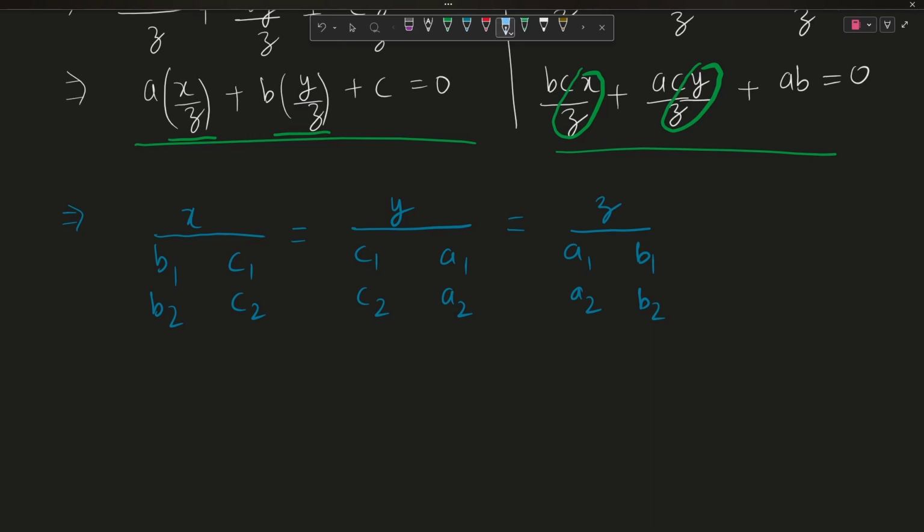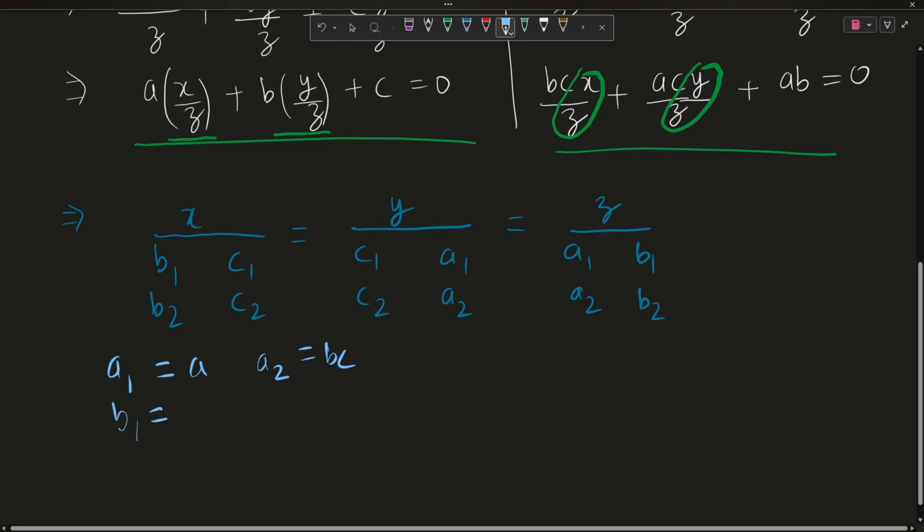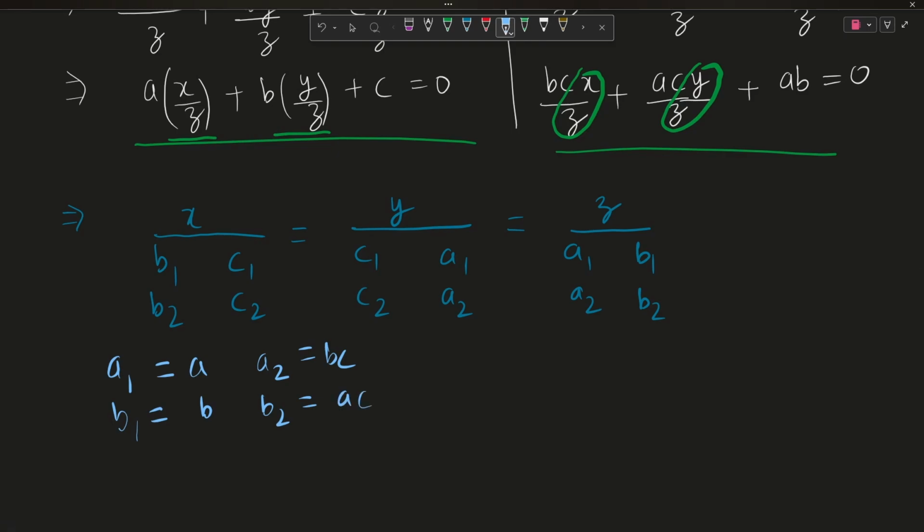So firstly, we'll write down the values of A1, which is A, A2, which is BC, then B1, which is B, B2, which is AC. I'm writing these values from these two equations.